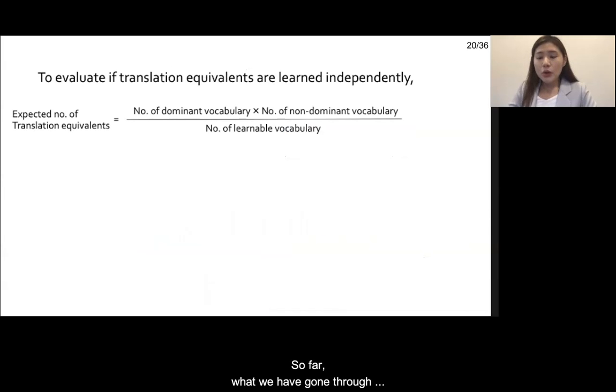So far, what we have gone through are all based on the idea that translation equivalents are learned independently, which corresponds to the neutral account. We further introduce a bias parameter, which allows us to examine which of the three accounts better captures the pattern of translation equivalent learning.